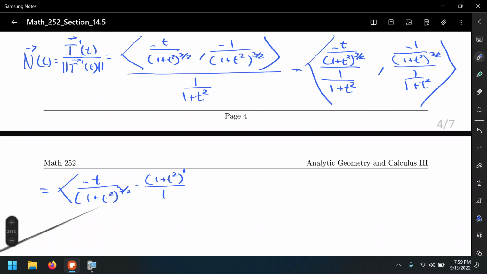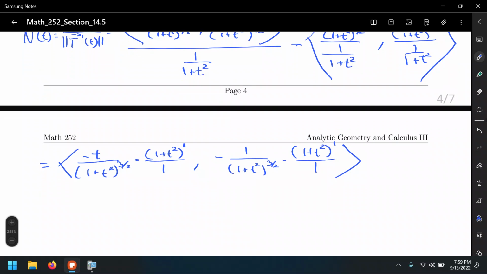Number one, so you can see which one is numerator and which one is denominator, and because we're going to use laws of exponents to simplify this. And comma, negative 1 over 1 plus t squared to the 3 halves, also times 1 plus t squared to the first over 1. Let's simplify this using laws of exponents.